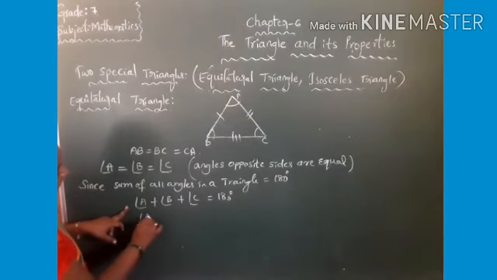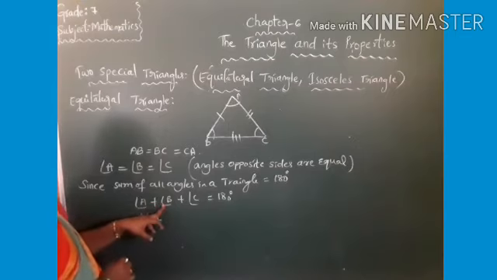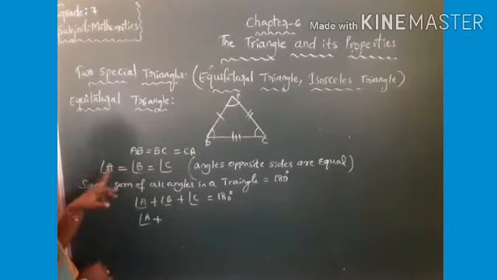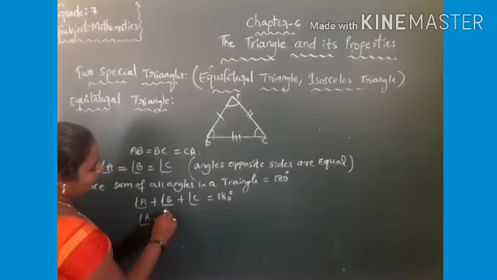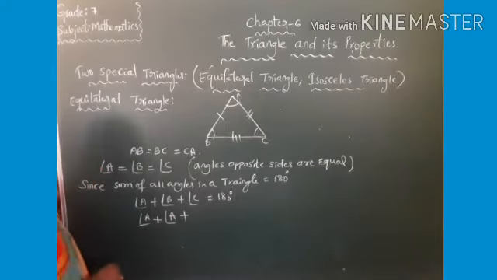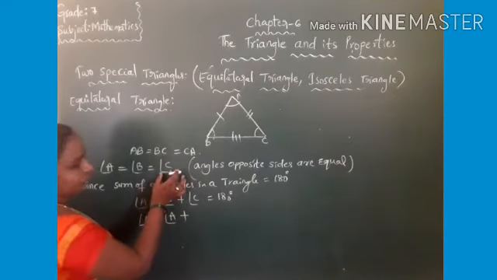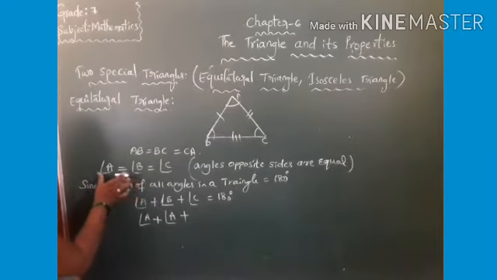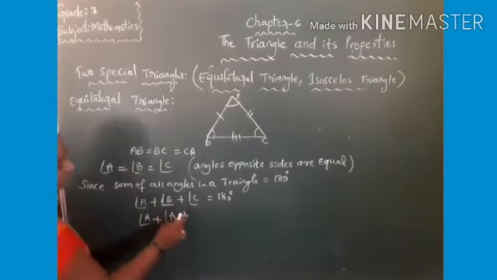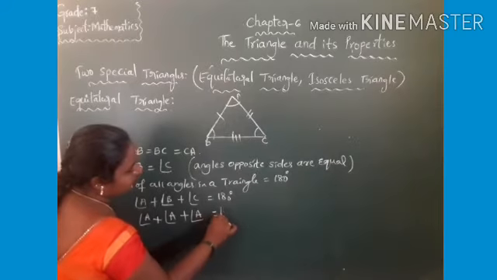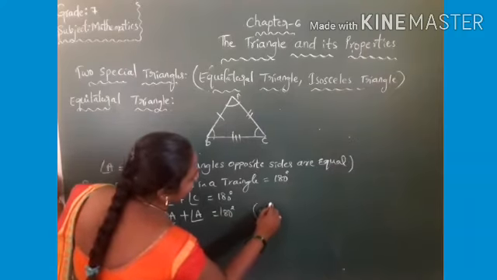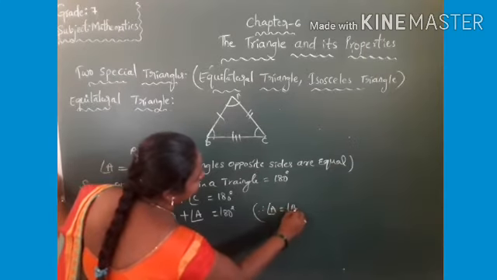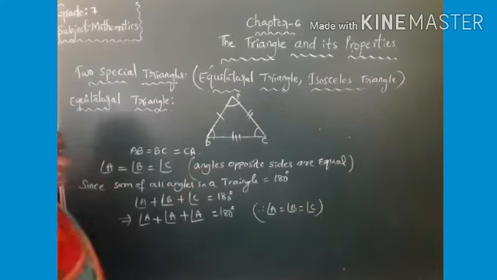Angle B is equal to angle C, and angle B is equal to angle A. So angle A is equal to angle B is equal to angle C.